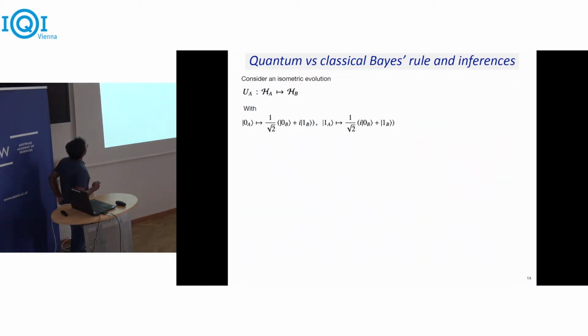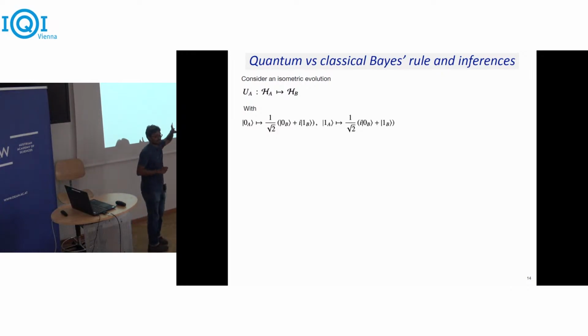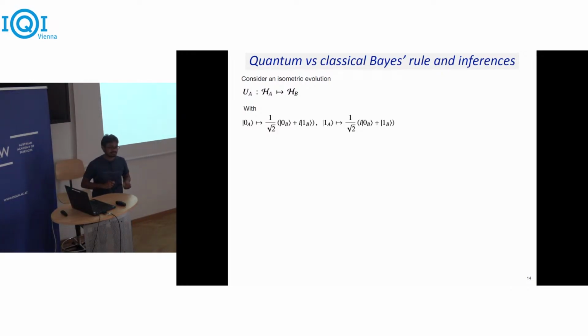Okay, now I shall be taking a slightly different example here. I have a unitary evolution, it's unipartite, and it takes your state from A to B. And the action is, as you can probably see, nothing but a beam splitting kind of operation, right?